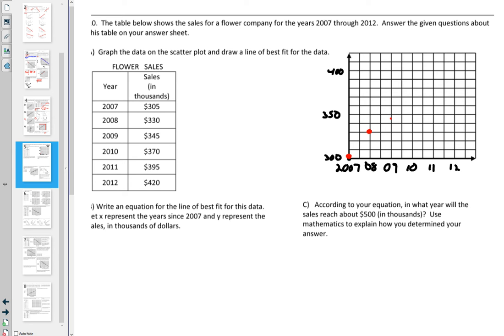That'll be halfway. 2010, 370. 2011, 395. That's going to be half a box below the 400. And then 2012, all the way up to the top, 420.